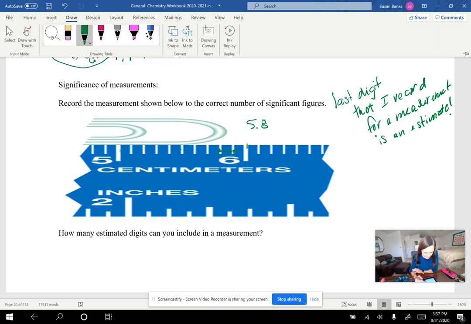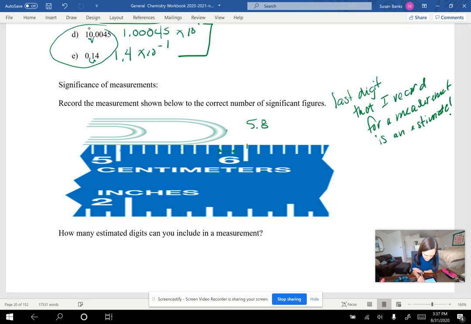So if I look at this, I am going to go right at the end. I feel like I'm right there in the middle. So I'm going to do right in the middle. There's 10 tenths of a millimeter in there. So I'm going to put it right in the middle.